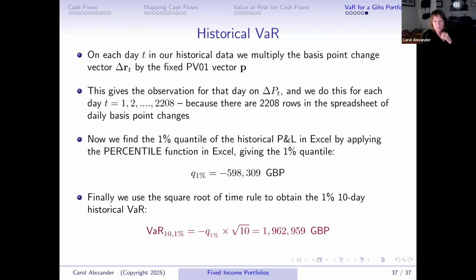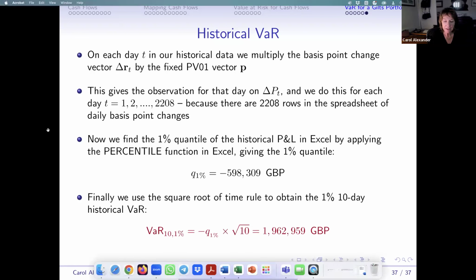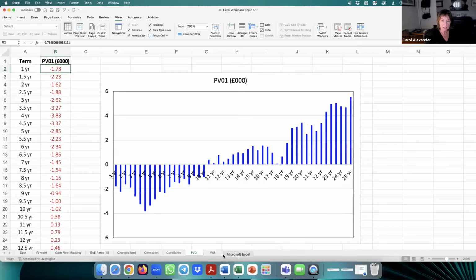But we take minus the percentile, remember, so we multiply that by -1, and then we scale to find the 10-day VaR here of 1,962,959 GBP.